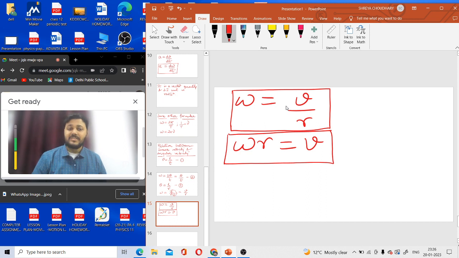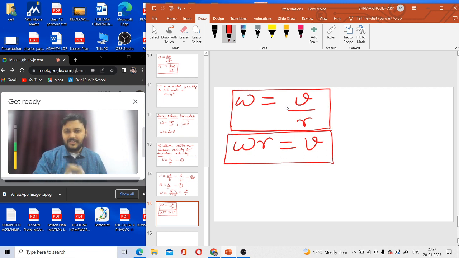In vector form, since linear velocity is a vector quantity, angular velocity is a vector quantity, and this r will be treated as the radius vector. This r which is written over here is the radius, and this r is the radius vector.